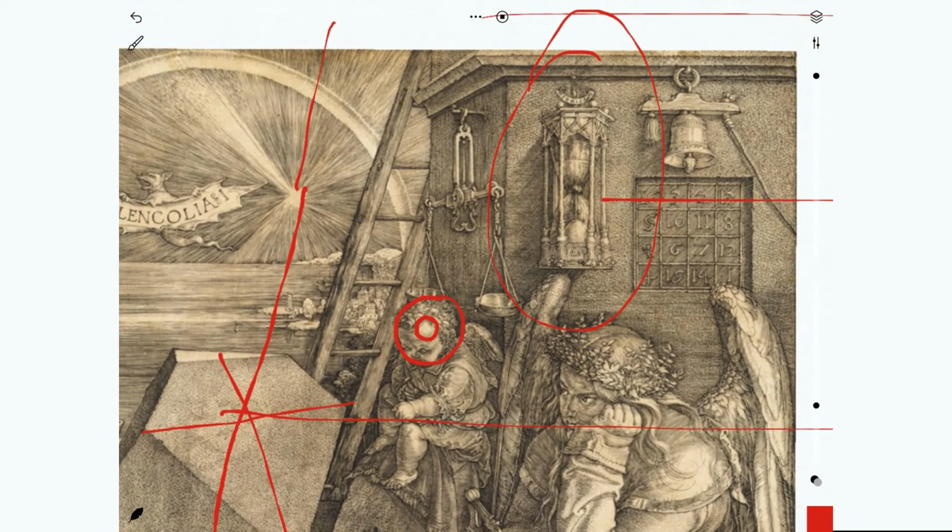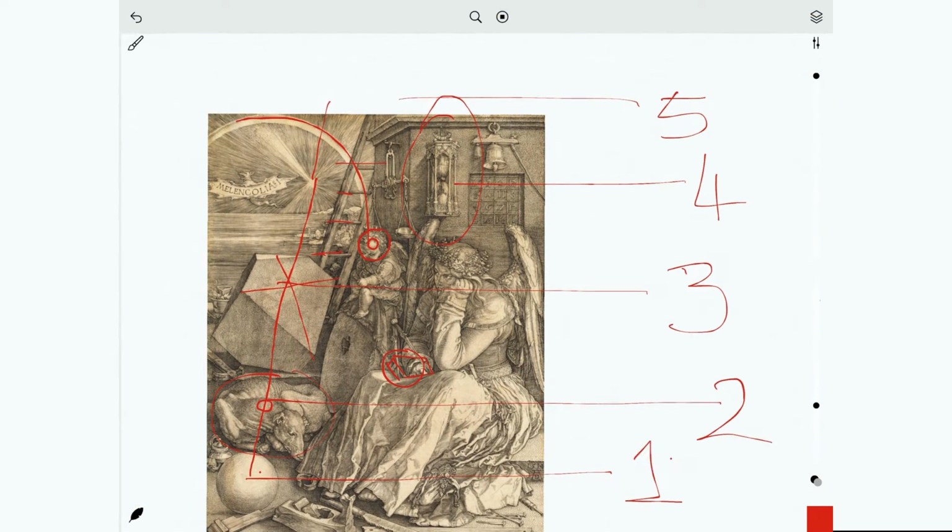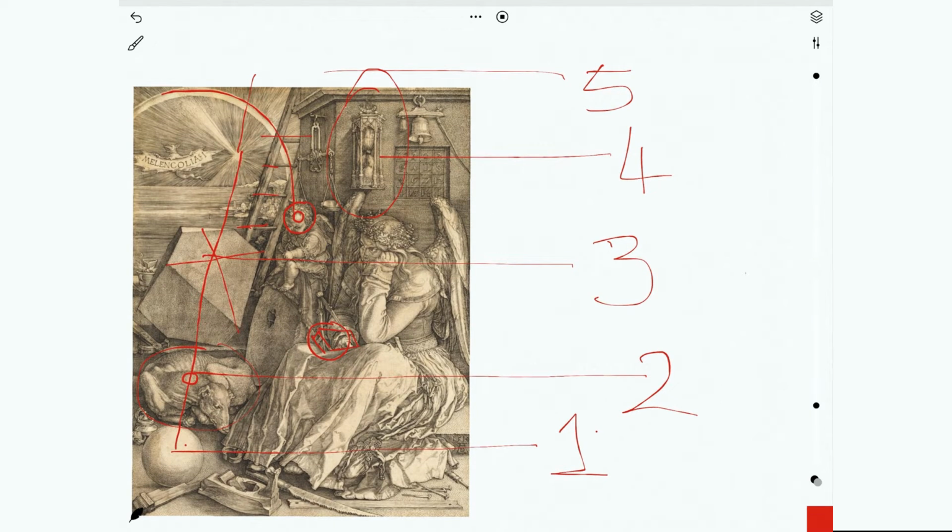Something I find interesting is that he's drawn the rainbow, and it cuts between the third and the fourth rung on the ladder. And the rainbow, I believe, is a reference to the veil, and the veil is the idea of mythology.